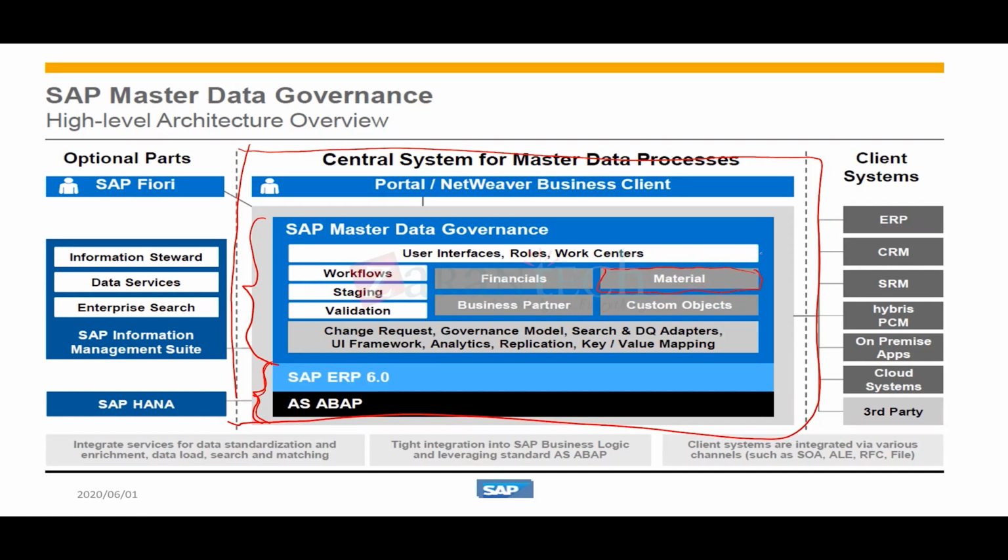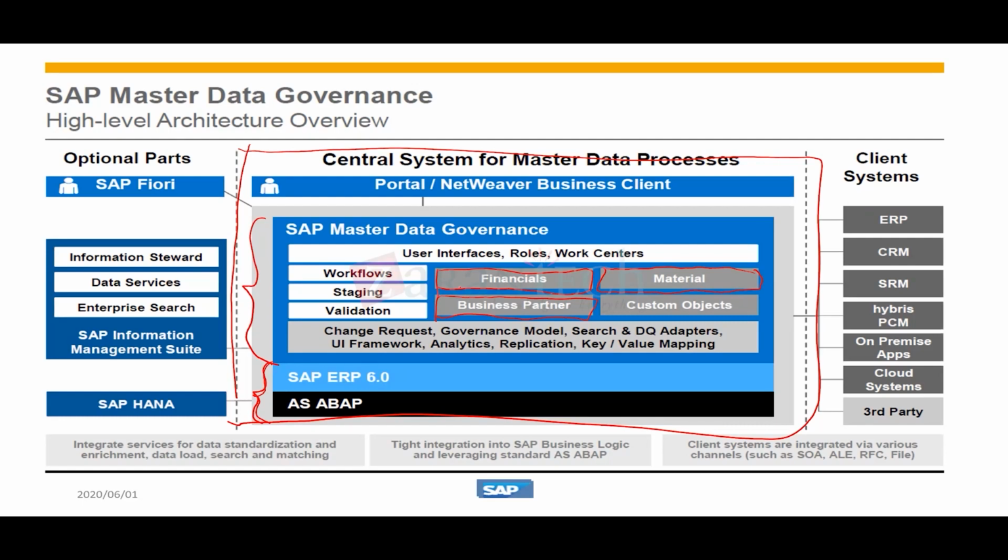When you activate your MDG material master business function, these staging tables get created. The staging area is represented using this gray color box. A specific set of staging tables for material master gets generated. Similarly, for finance objects, a separate set of staging tables gets generated. And similarly for business partner, customer, vendor, this is what the staging area represents.